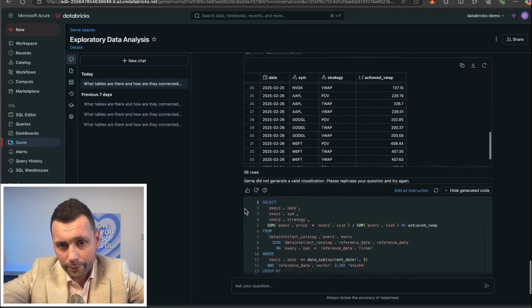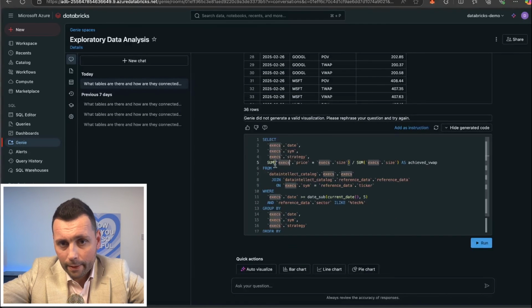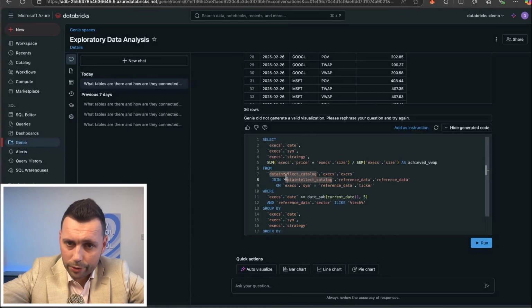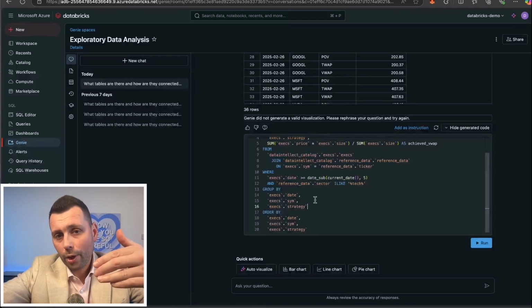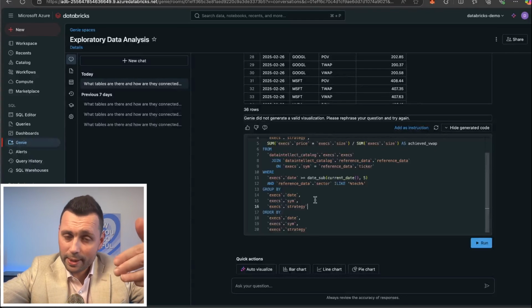So we can see that we have achieved VWAP as executions price multiplied by size divided by size, and it also grouped by strategy. So this is extremely powerful because this is the normal flow of what a normal business user would actually use Genie for.